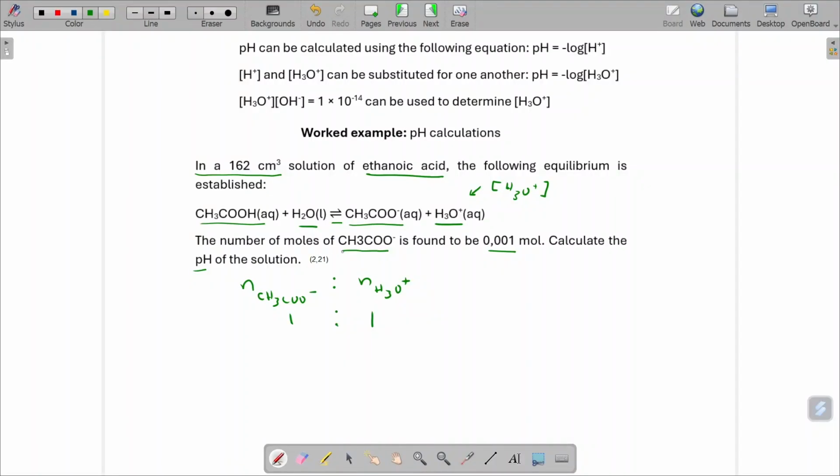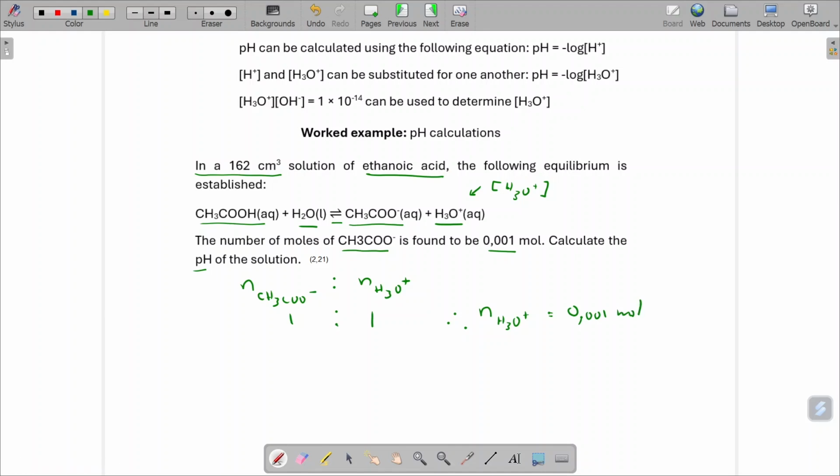So by knowing the amount of the ethanoate ion, we can then find the amount of the hydronium ion. Right, so it tells us the number of moles of CH3COO minus is 0.001 mole. Calculate the pH of the solution. We can therefore say that the number of moles of the hydronium ion is also equal to 0.001 mole.